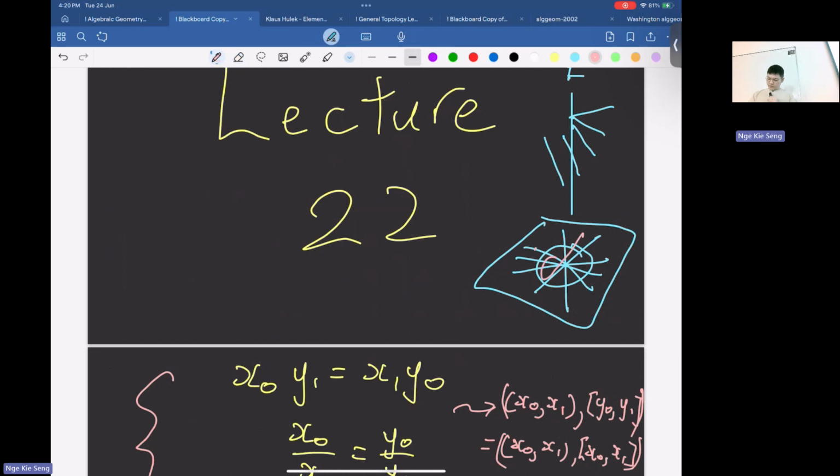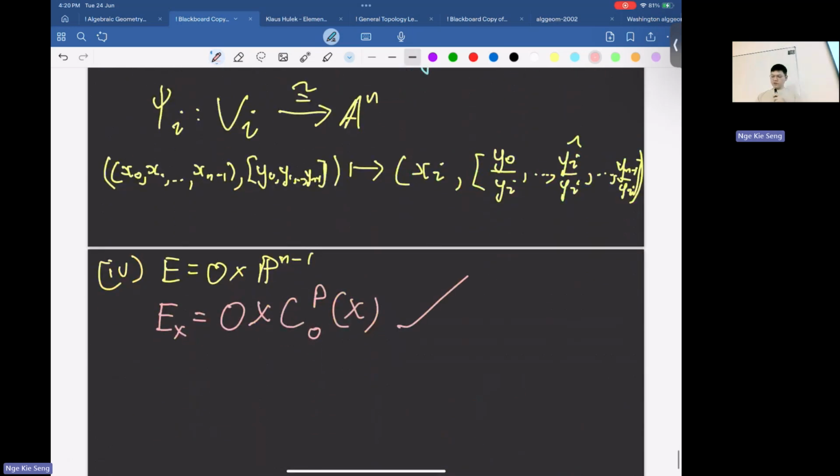Then after you blow up, what we get is the projective coordinate for the intersection, and the exceptional divisor actually is the gradient of the tangent line. So you can prove in general that it is also true.